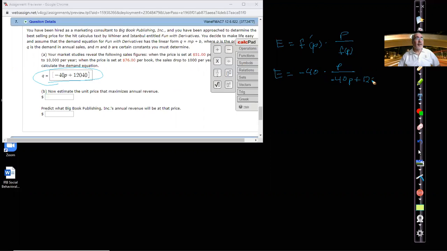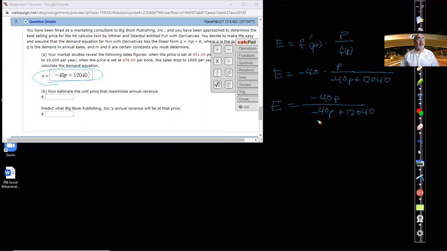So we get the equation of minus 40P all over minus 40P plus 12,040.